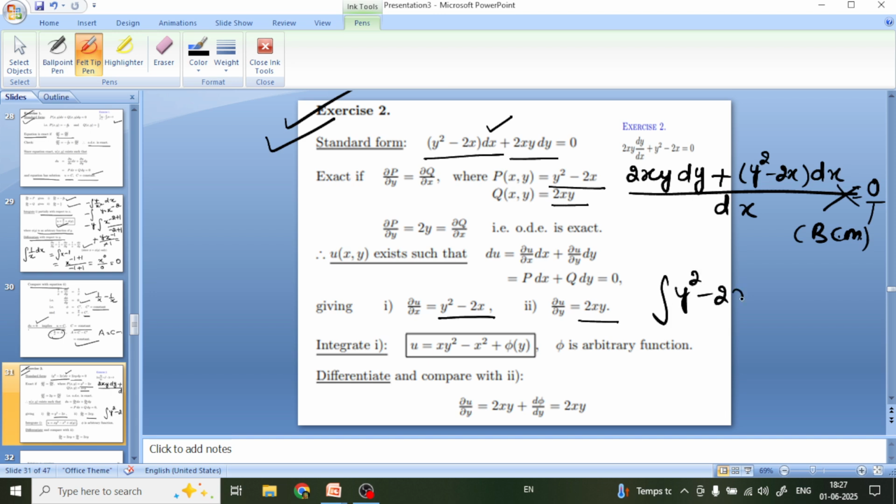y² − 2x, you can see here, you will write like this: minus 2x² over 2, the 2 cancels with 2.